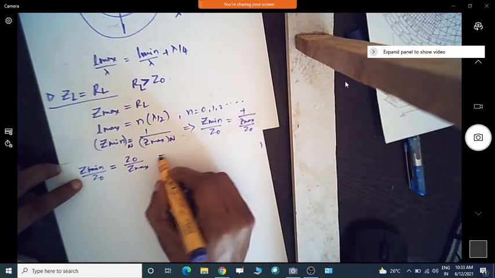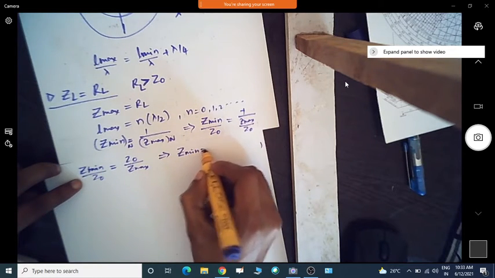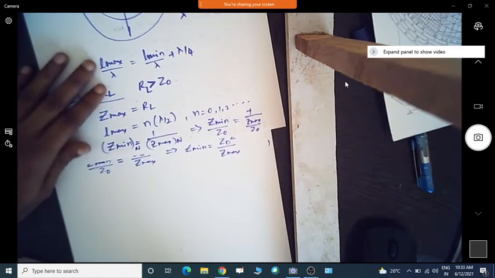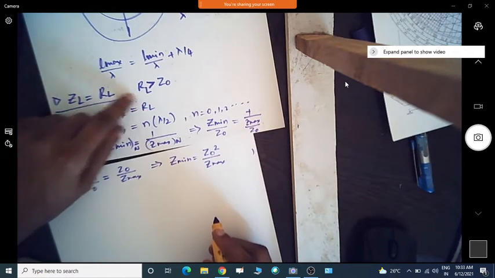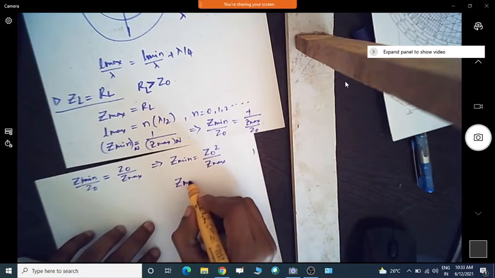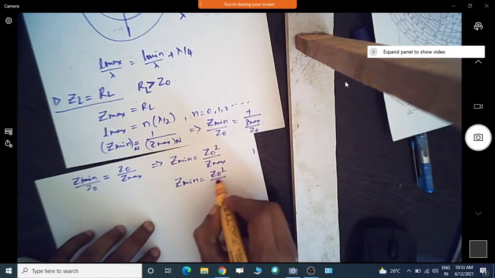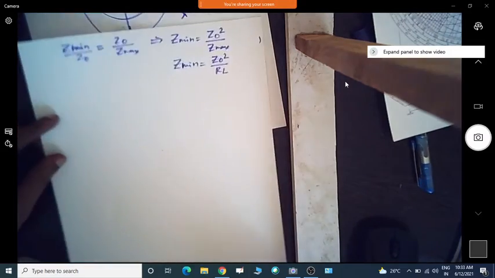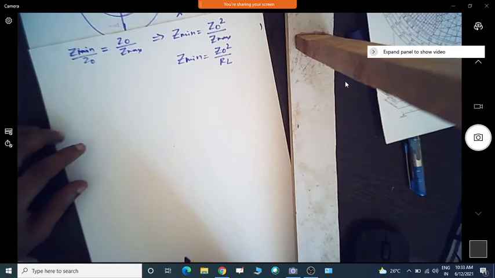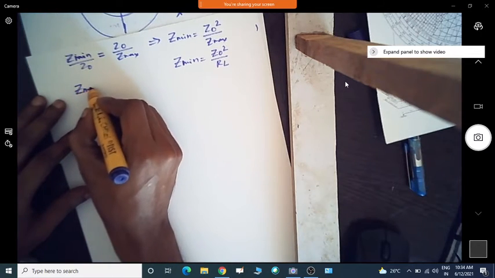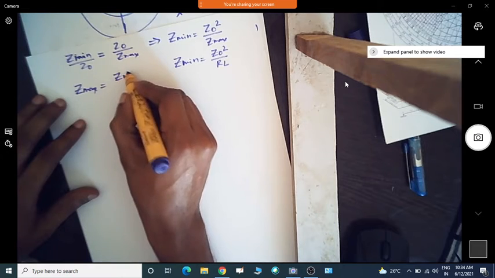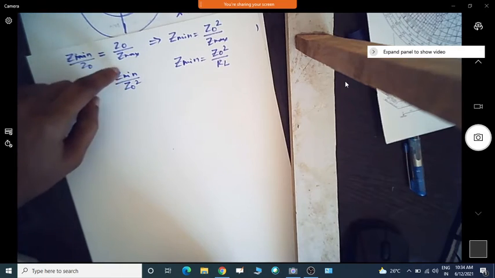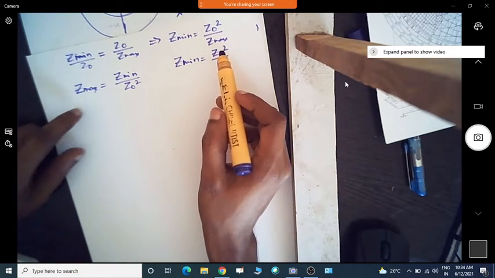So we can find the absolute value of Z minimum using Z0 squared by Z max. If we have taken the case where Z max equals RL, we can find Z minimum, which is nothing but Z0 squared by RL. Or we can find Z max, which is nothing but Z0 squared divided by Z minimum.